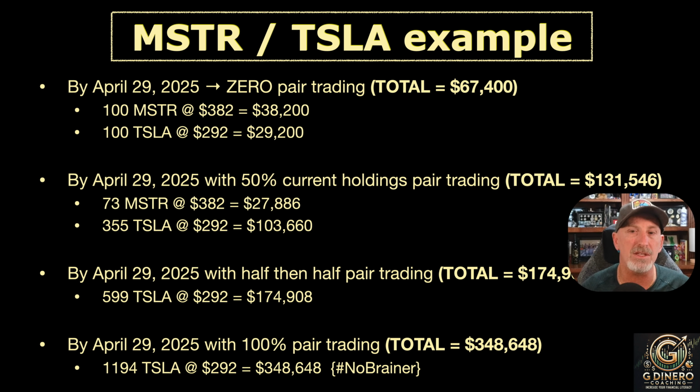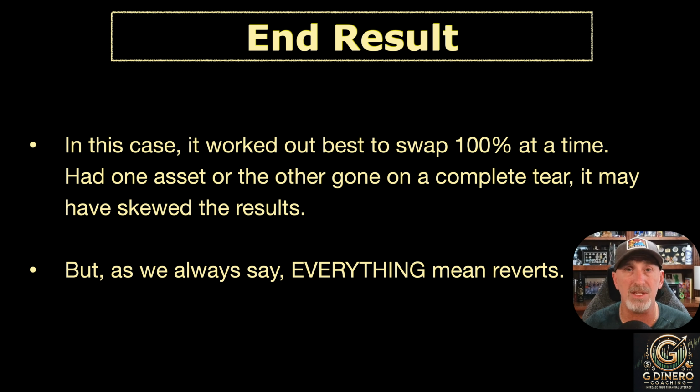So what are the lessons learned here? In this case, it worked out best to swap 100% at a time. Had one asset or the other gone on a complete tear, it might have skewed the results. You might have been stuck, guys, in the wrong asset. That could potentially happen, and you could miss out on upside results.